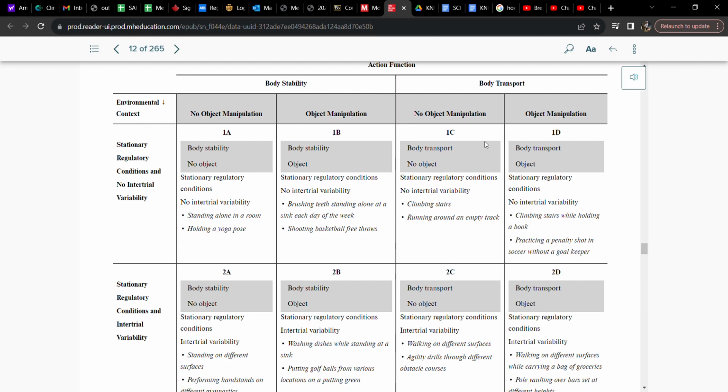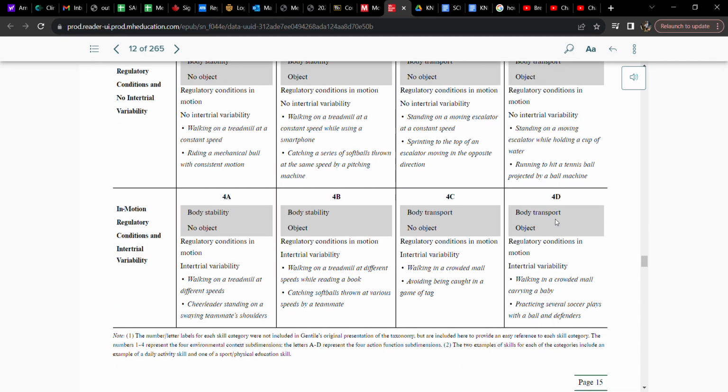And this can go all the way into 4D, where you're doing body transport. You're physically moving your body, running or walking or cycling or whatever you might be doing, and you have to manipulate an object. You might be playing soccer or hockey, where you're moving and you have to use an object like a stick or manipulate a ball.